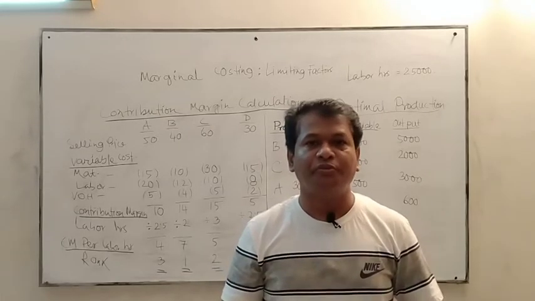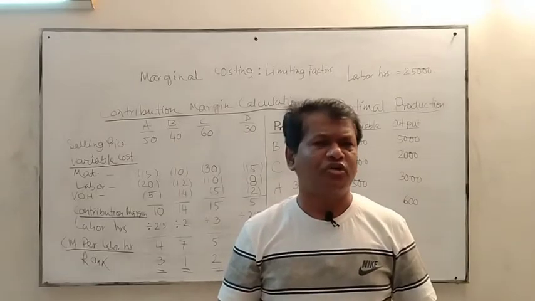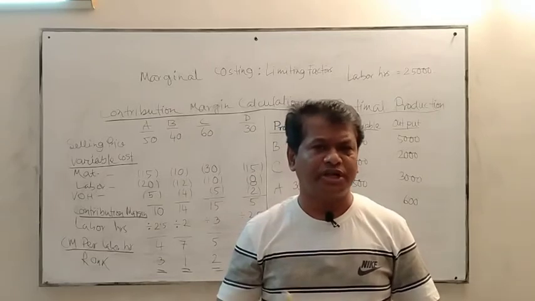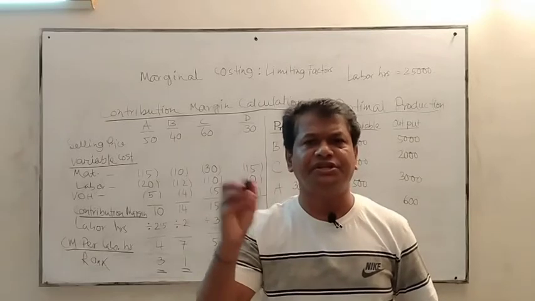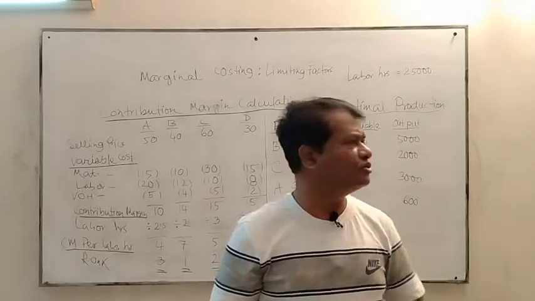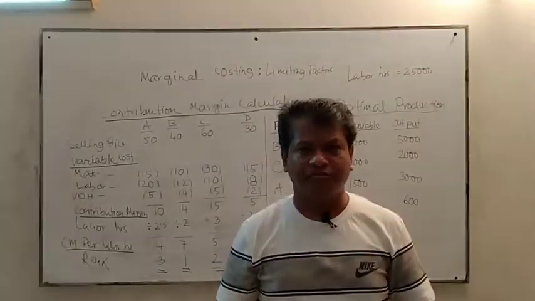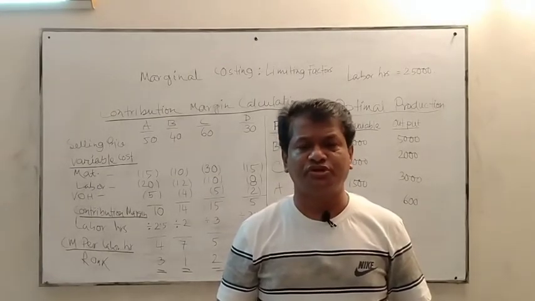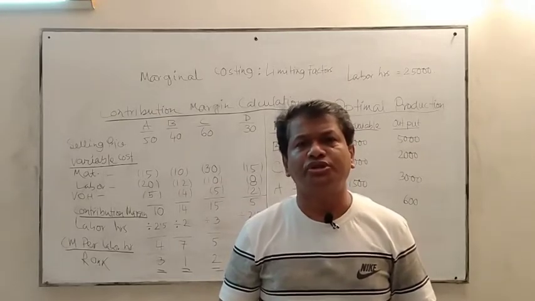What information has to be provided? You have to be given several pieces of information in your practical question. Maybe what types of products you are going to produce will be given. Maybe you are going to produce 4 types of products: A, B, C, D. A is to be produced 3000 units, B 5000 units, C 3000 units, and D 2000 units.